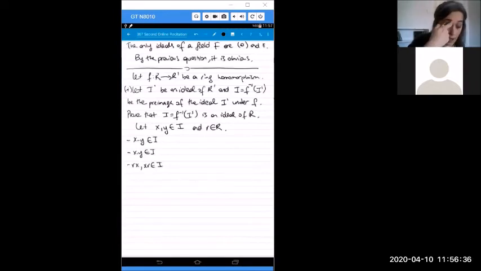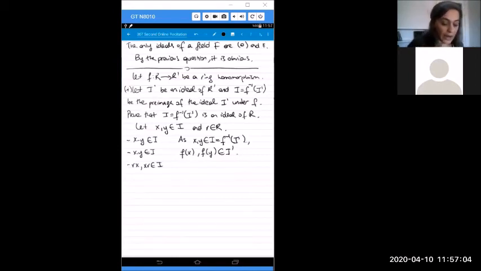What can you say about x and y? Since they are preimages of something, this means that as x, y is in I, which is f inverse of I prime, this means that f of x and f of y lie in I prime, right? This is very basic.